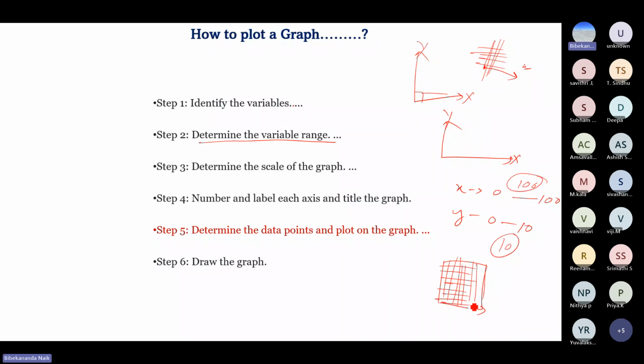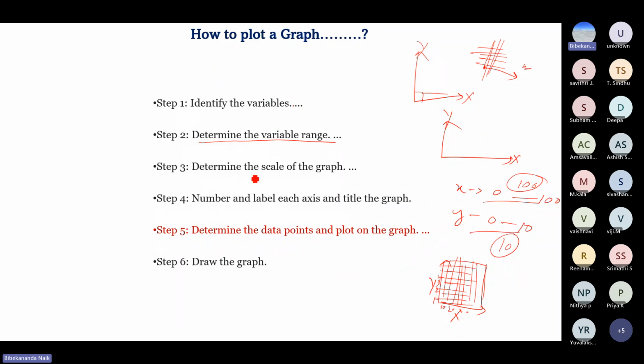So to make the graph look familiar to us, we should assign different scales for x and y. For y, we will assign this one scale 1, 2, 3, 4 like that. But in case of x, we will assign 10, 20, 30, 40 so that within the given space we can plot the whole range of x and the whole range of y.